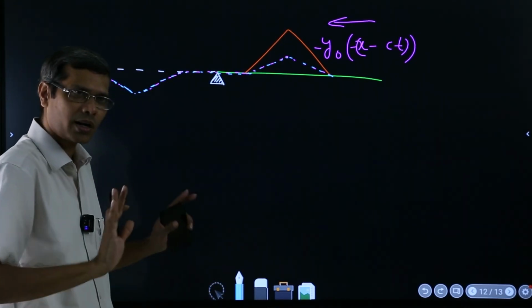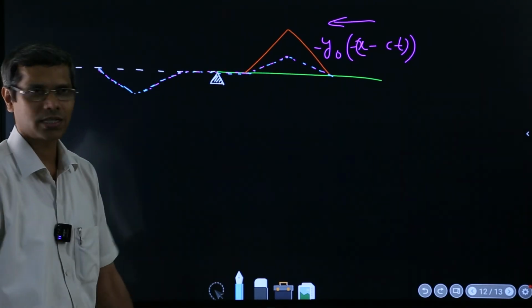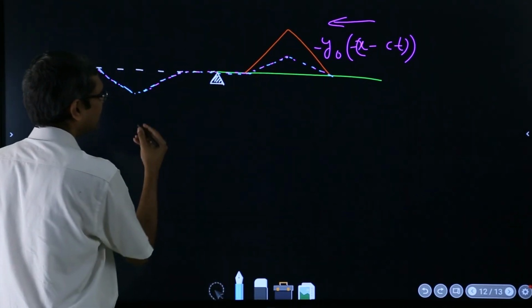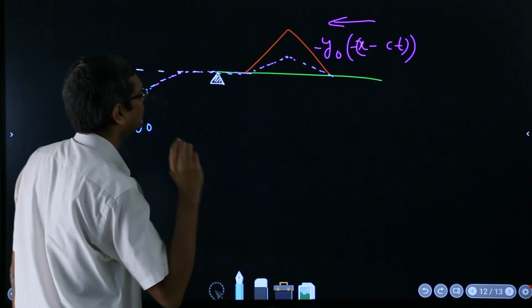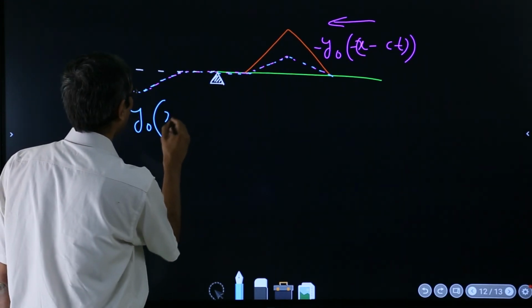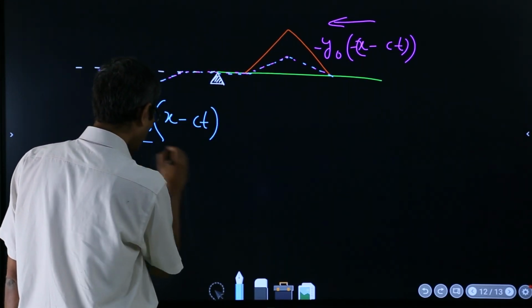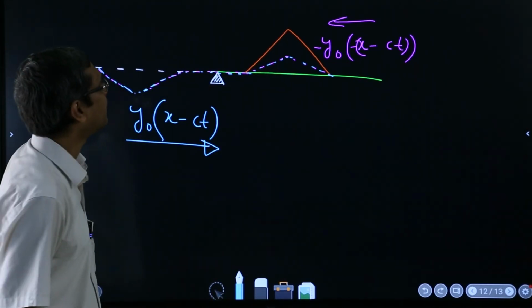Both of them are sitting at the same location to start with, but the moving directions are different. So whatever I had written, that could be there. But thanks for the doubt. Otherwise, x minus ct moves this way. Is it now fine? Good, thanks.